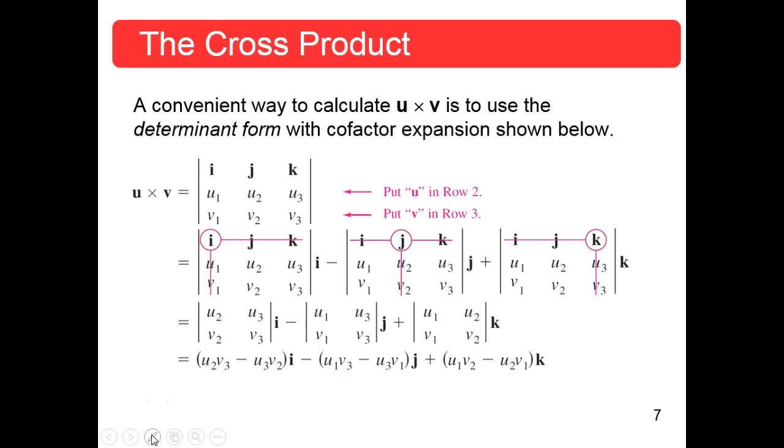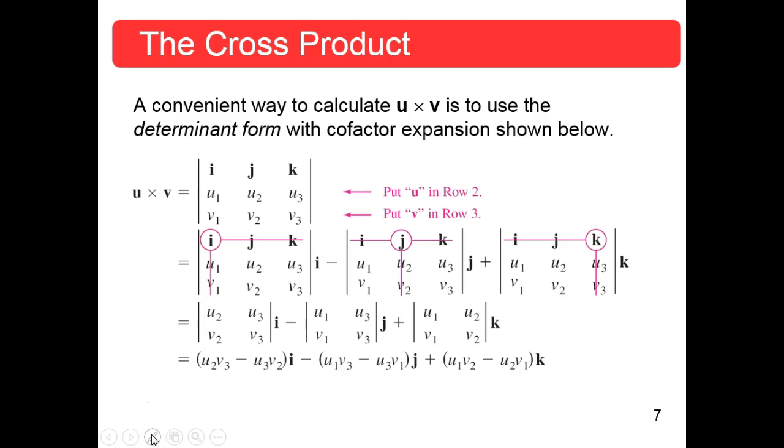So U cross V. To do that, of course, always put your I, J, K unit vectors on the top. Then the first row here, U1, U2, U3, second row, V1, V2, V3, components under there. And then for the I component, you wipe out the first row and first column, and then take the determinant of the matrix that's left.